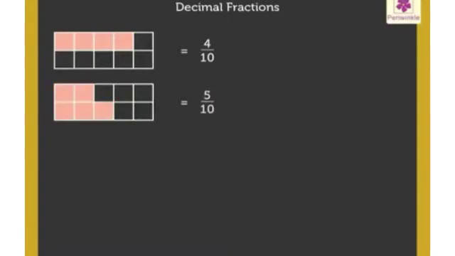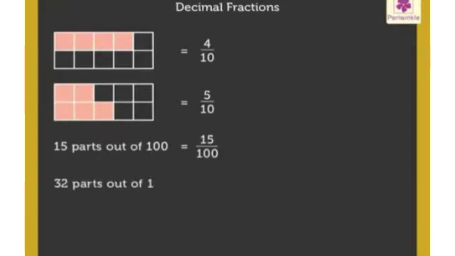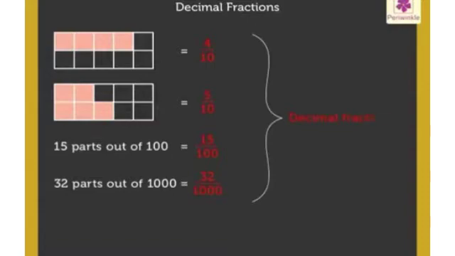5 is the numerator, 10 is the denominator. 15 parts out of 100, 15 by 100. 32 parts out of 1000, 32 by 1000. These are all fractions with 10, 100, thousands. 4 by 10, 3 by 10, 15 by 100, 32 by 1000 are decimal fractions.